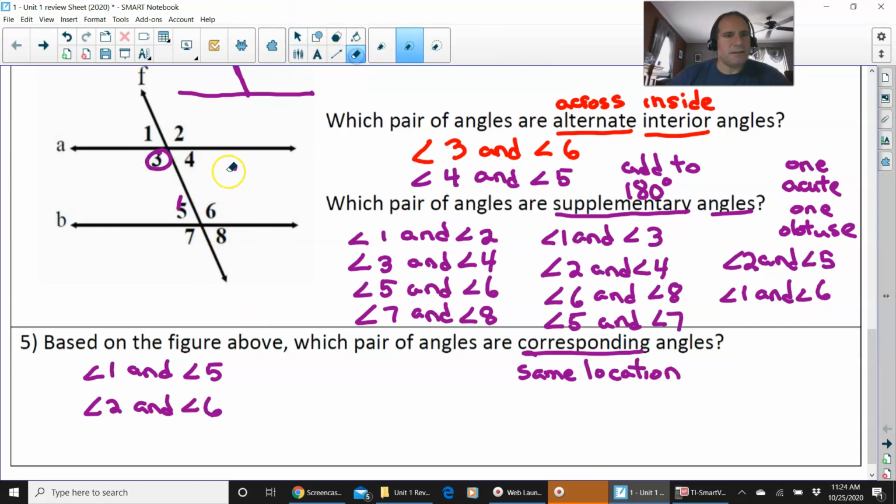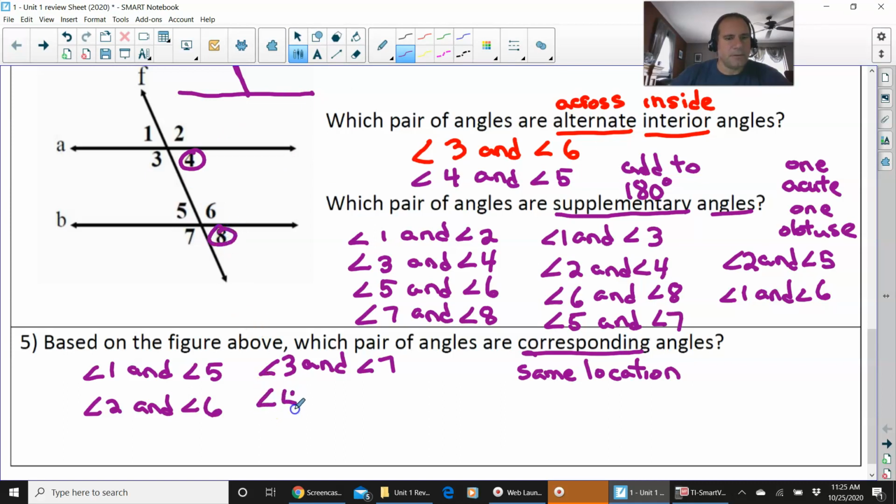What angle corresponds to angle 3? Angle 3 is in the lower left-hand side, lower left-hand side in the bottom. So angle 3 and angle 7. Lower right-hand side, 4. Lower right-hand side, 8. Those are all the corresponding angles, the same location. All right, same location, and that is that.